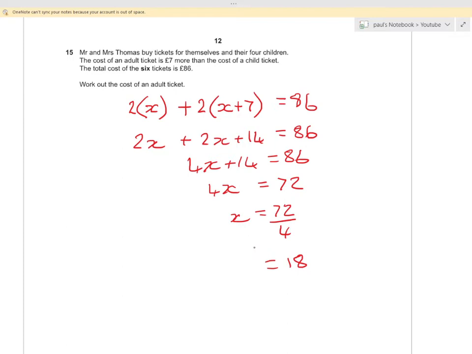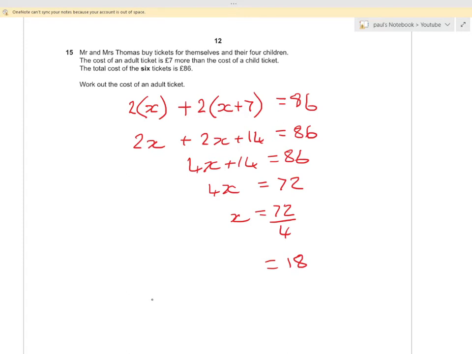£18. Have I done that right? So £18. Maybe I've done that wrong. I've got 19 as an answer then. That's the cost of a child ticket.